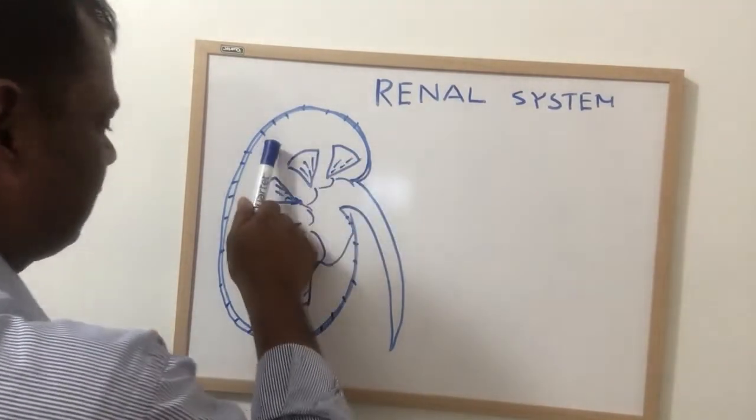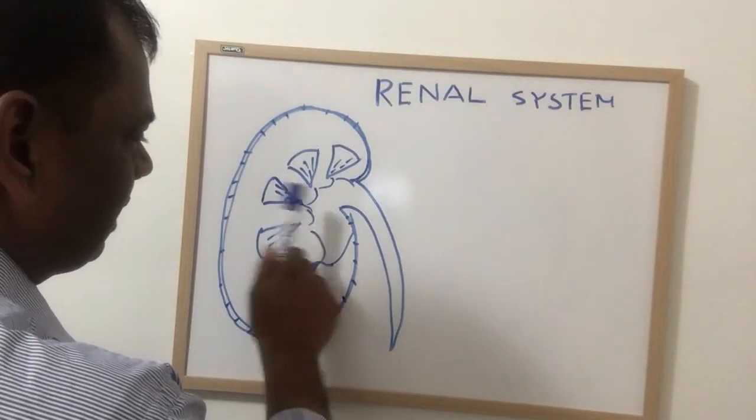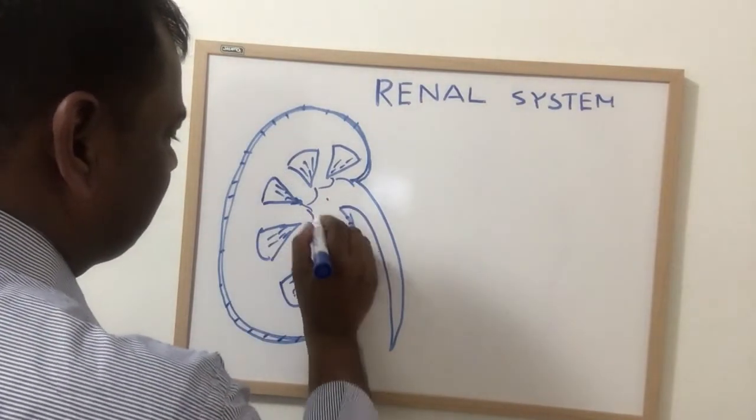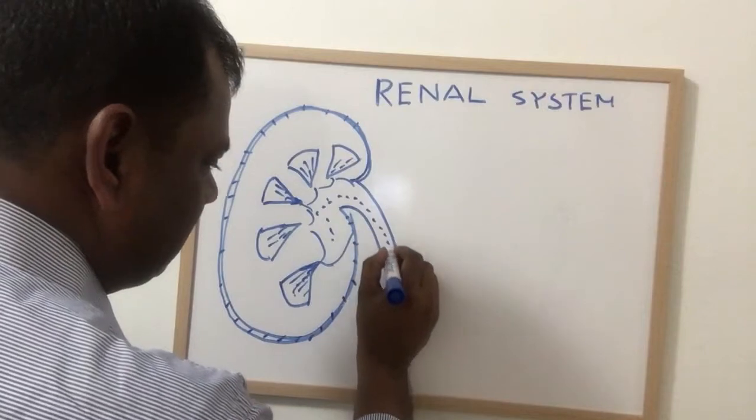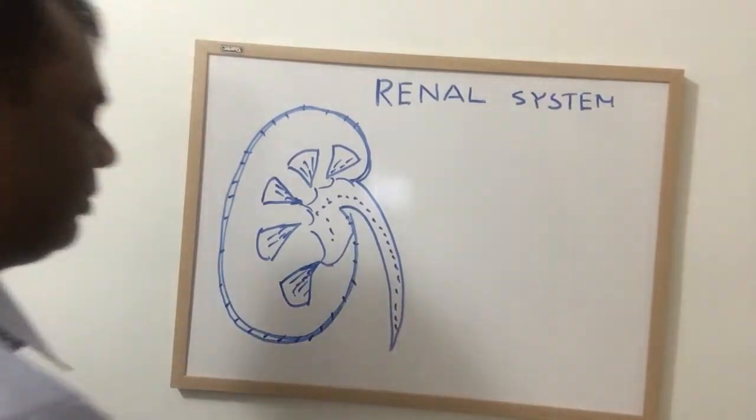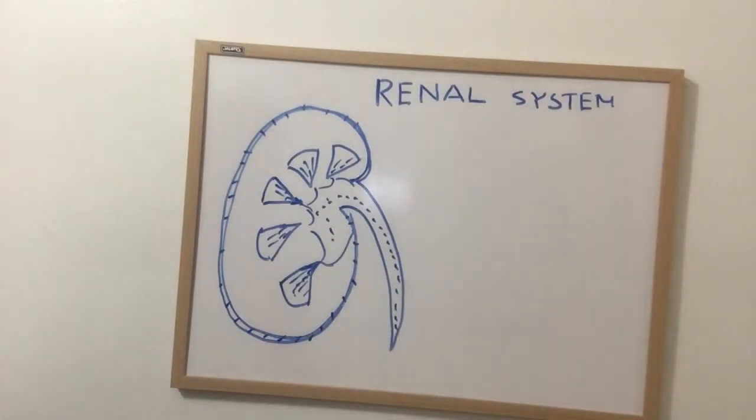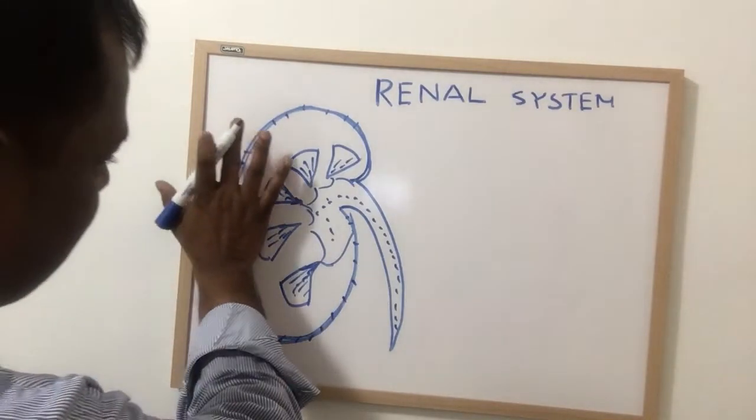Urine produced in this area is deposited here, comes to the ureter, and gets into the urinary bladder. It drains like this.